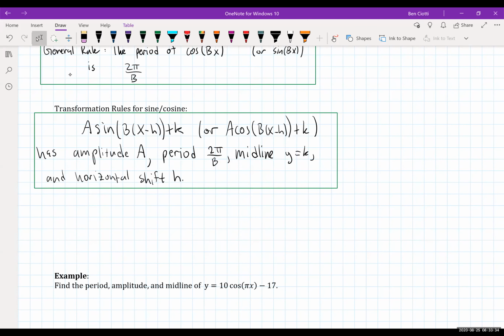This is the last thing that I said at the end of lecture yesterday. I said what the general rules for transforming graphs of sine and cosine are.